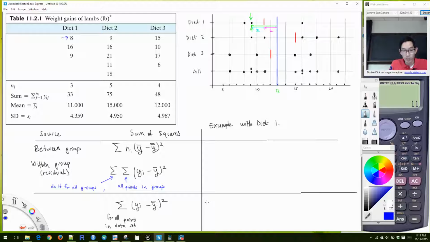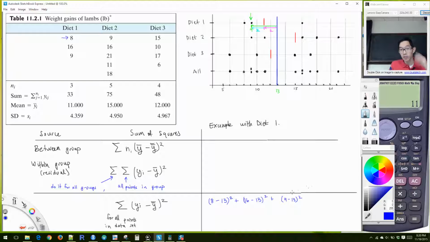So we'll do the total sum of squares. The grand mean is 13. So we're going to say 8 minus 13 quantity squared, plus the next guy gained 16 pounds versus the total average of 13. And then the last guy gained 9 versus the total average of 13.